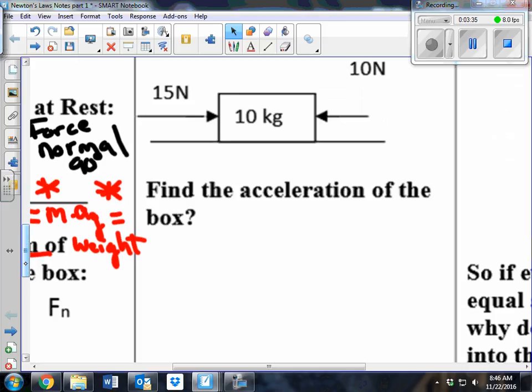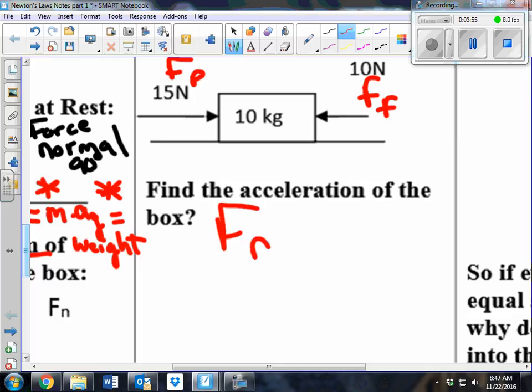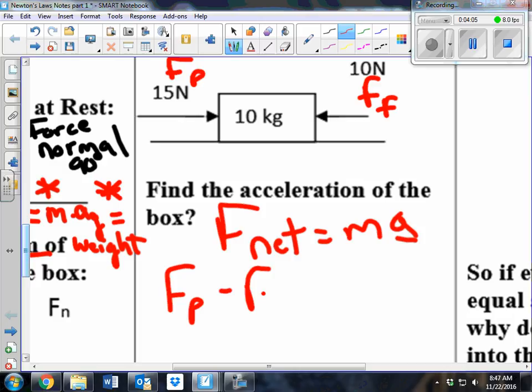So for example, we have a 15 Newton force pushing on a box. Let's call this our force push, and a 10 Newton force going on the back, which for this case, we'll just call force of friction. We want to find the acceleration of the box. Well, we have F net equals my mass times acceleration, and we want to find A. So F net is really my force push minus my force of friction.